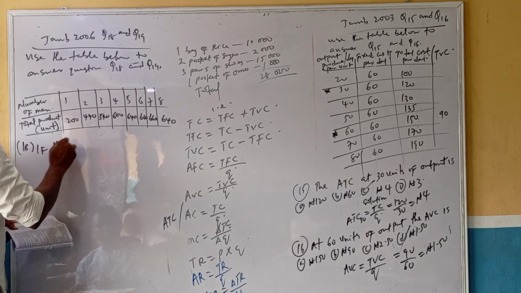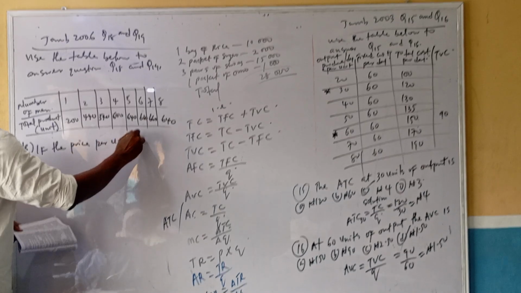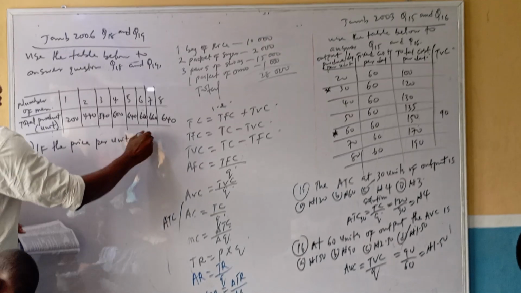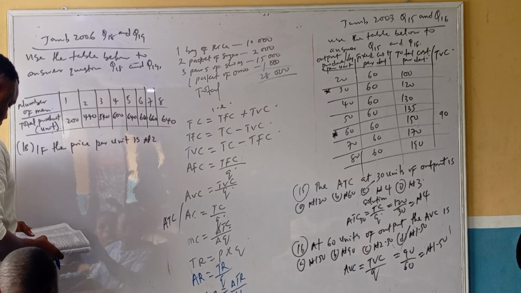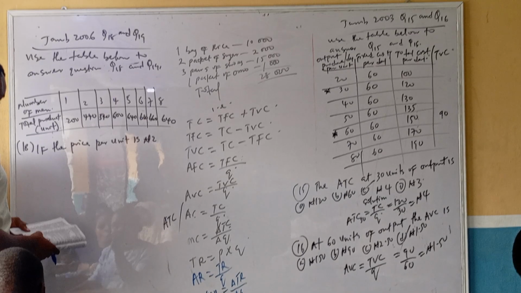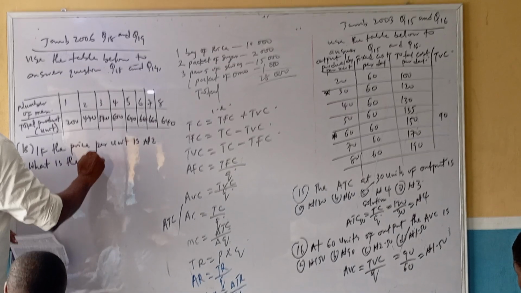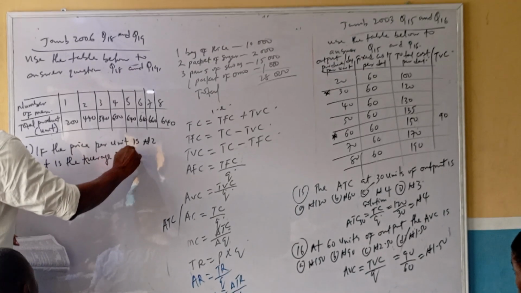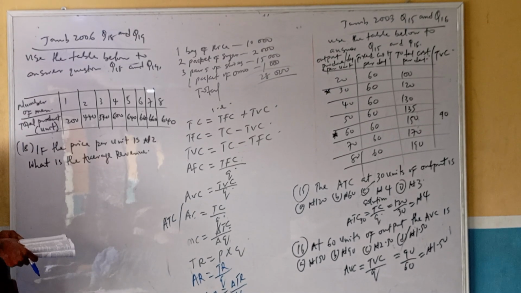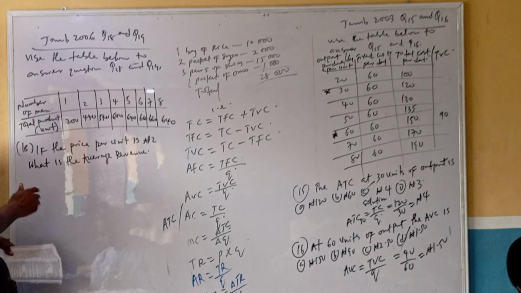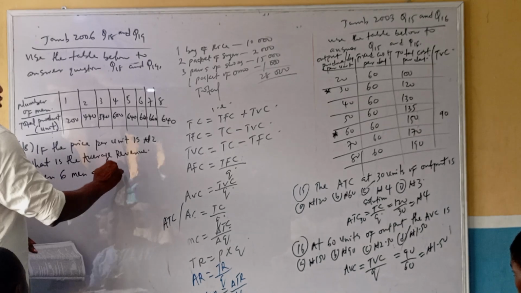Question 18. If the price per unit is 2 naira, what is the average revenue when 6 men are employed?